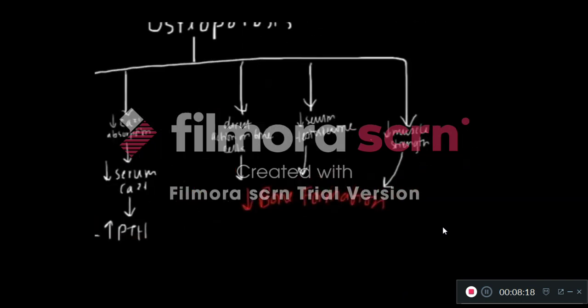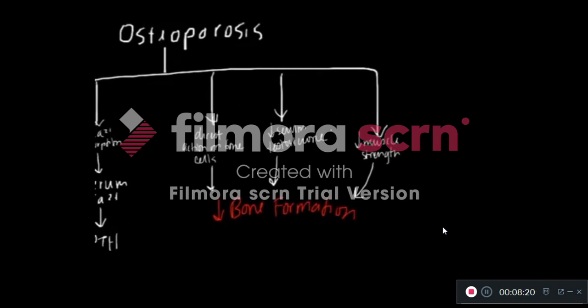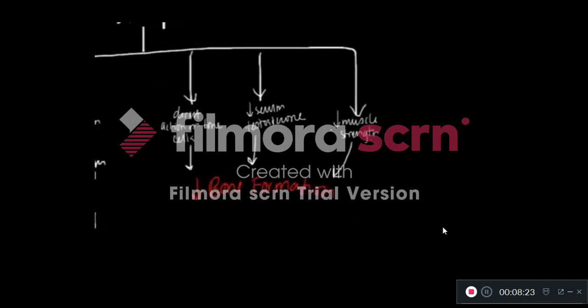And if we move to this other side of the table, we have a bunch of things that facilitate decreased bone formation. So glucocorticoids also have direct action on bone cells that we have not talked about, and this includes inhibition of osteoblast formation as well as apoptosis of osteocytes. So we can imagine that decreases the bone formation.